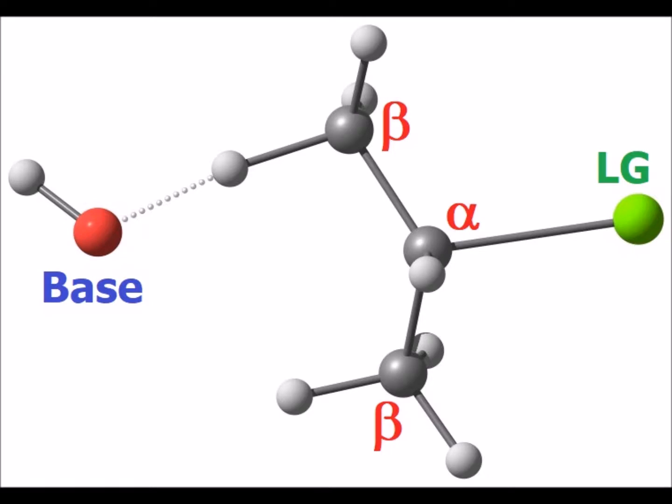Here is the computed transition state for the E2 reaction on 2-chloropropane, showing the leaving group of chloride attached to the alpha carbon.